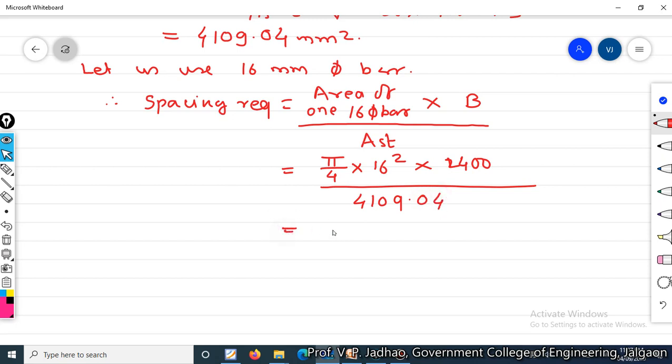So the spacing comes out to be 117.43 mm.